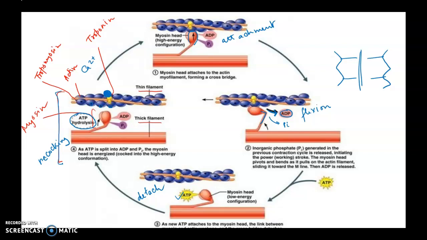Flexion of myosin heads causes release of inorganic phosphate or PI. And after the thin filament is pulled towards the M line, at the end, ADP is released. So now we have a flexed myosin head attached to actin with no ADP, no PI attached to it.